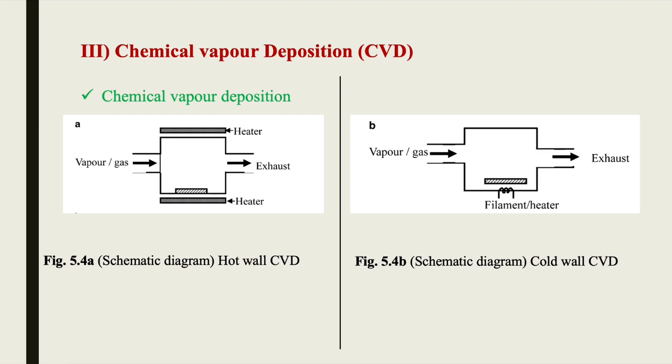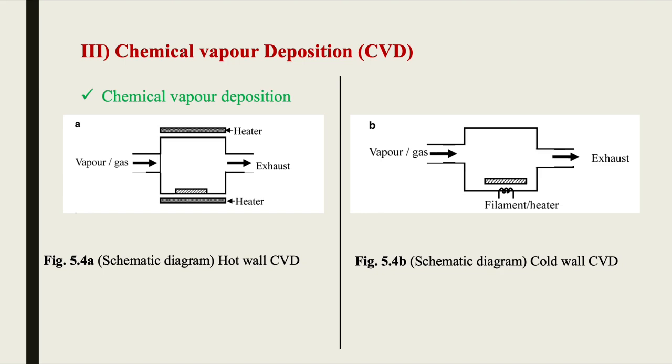So these are the four types of reaction that can happen in this hot wall chamber. However, it is preferable that the reaction occurs at the substrate rather than in the gas phase.